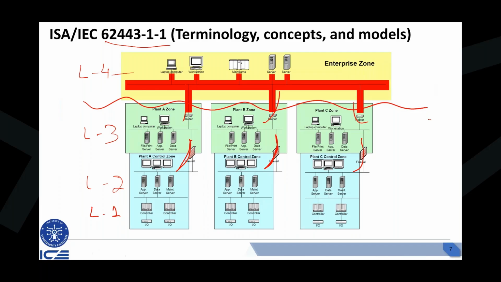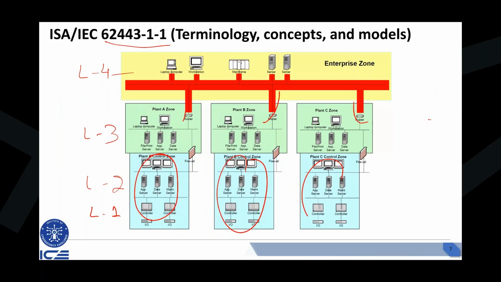that are typically found on the IT side. You have an email server, maybe some laptops, user workstations on the IT side. And if the OT environment is not segregated from IT, then you would be exposing the OT environment to all those threats that may exist on the IT side. So segregating IT and OT, and potentially segregating within the OT environment, just like this example has done, where they have segregated each plant's control zone separately, and then the supervisory zone is separate, and then the enterprise zone is separate.